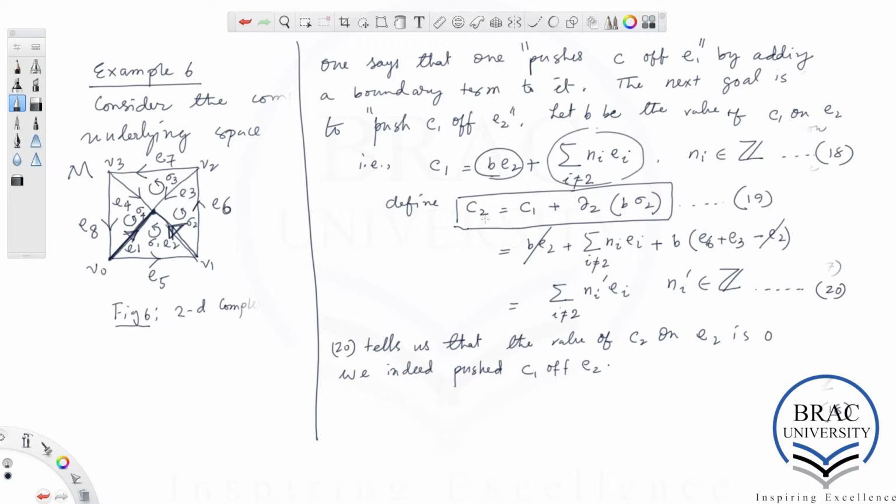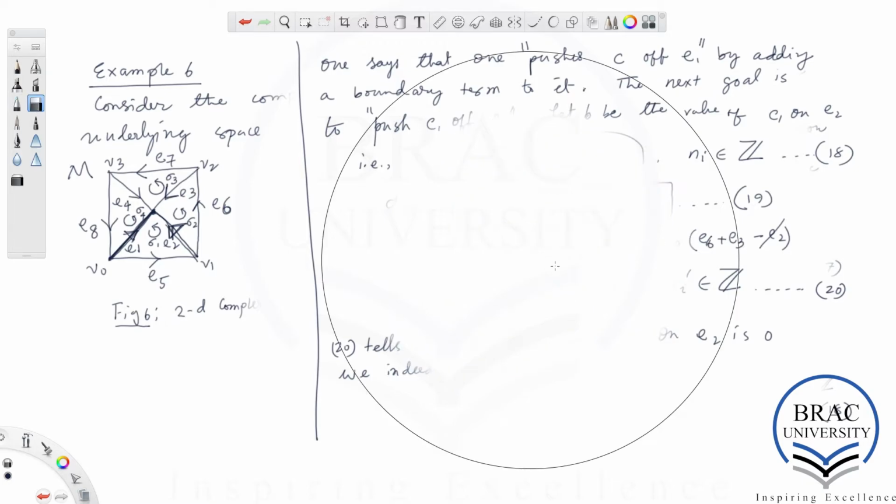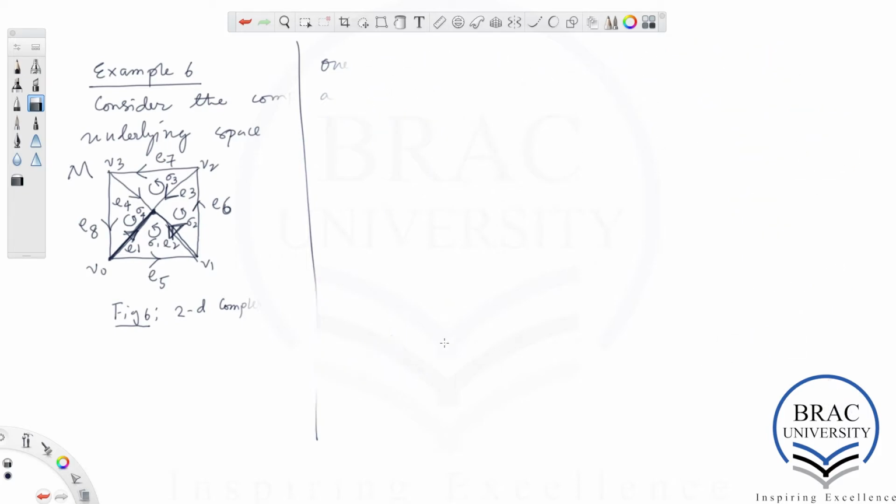So the next goal is to push C2 off this edge E3. Okay, let me erase this part. Push C2 off E3.